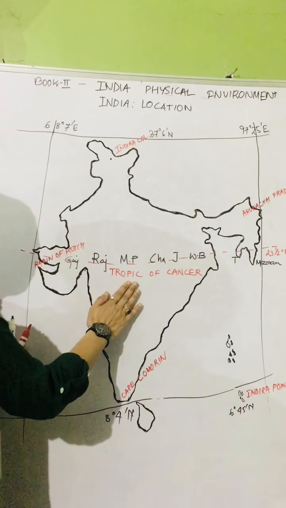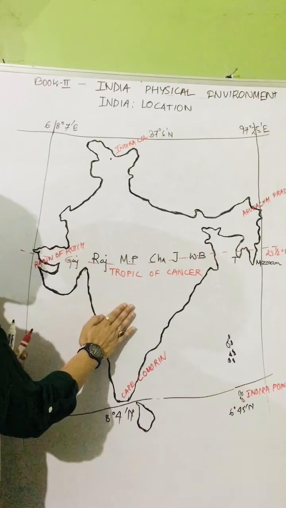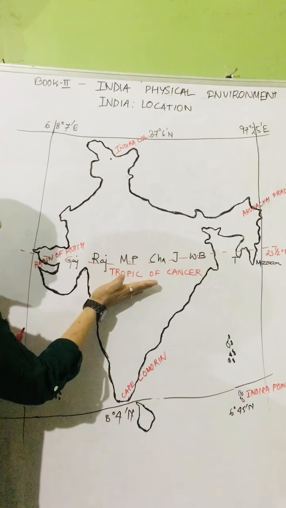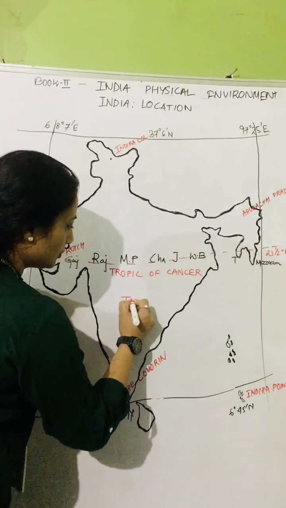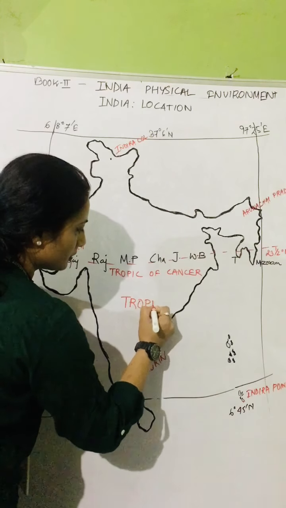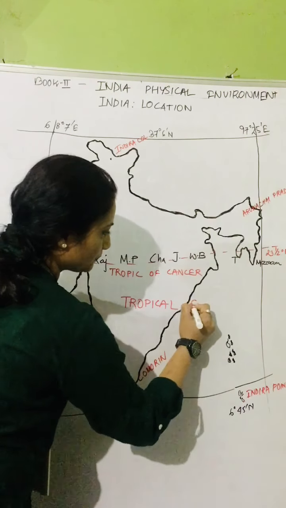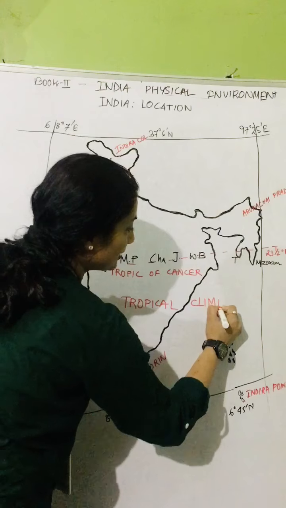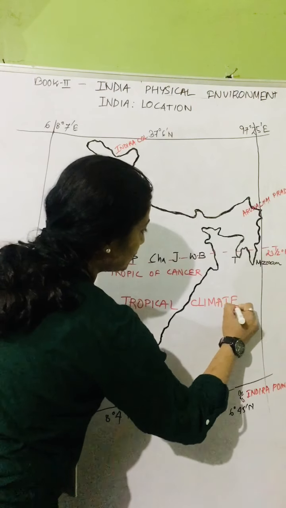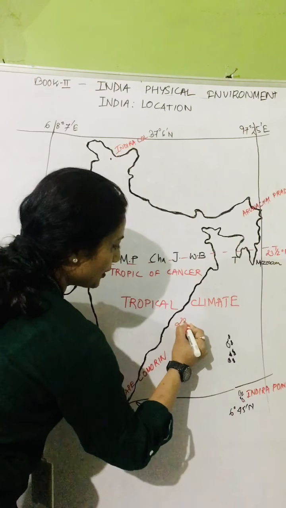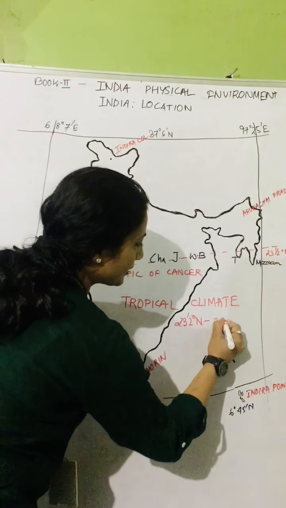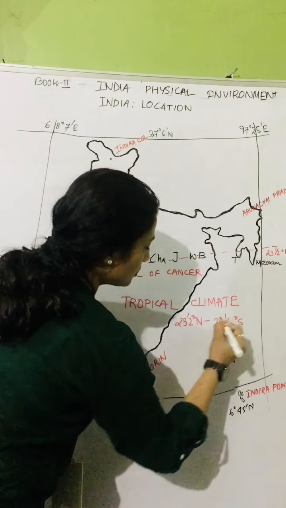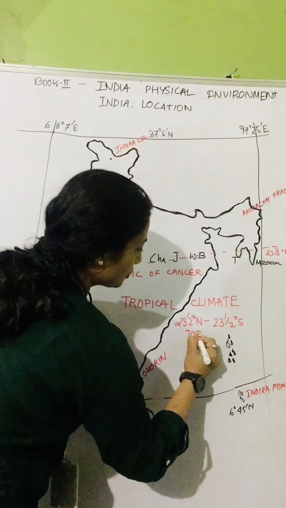Now you can see that the Tropic of Cancer divides the country into equal halves. The half which is in the southern part of the Tropic of Cancer has a tropical climate. As we know, the zone which lies between 23.5 degree north and 23.5 degree south is the torrid zone.